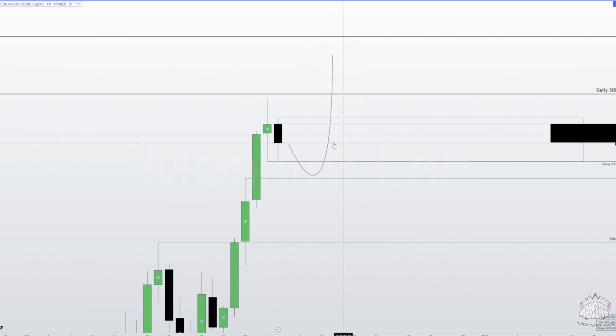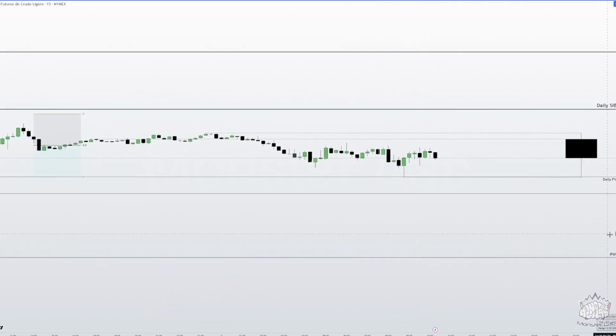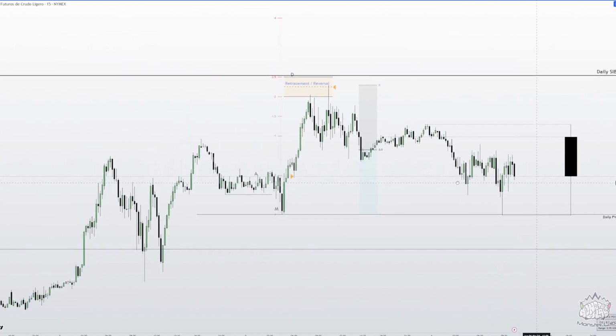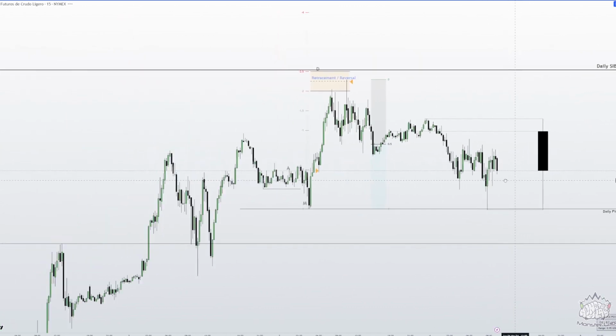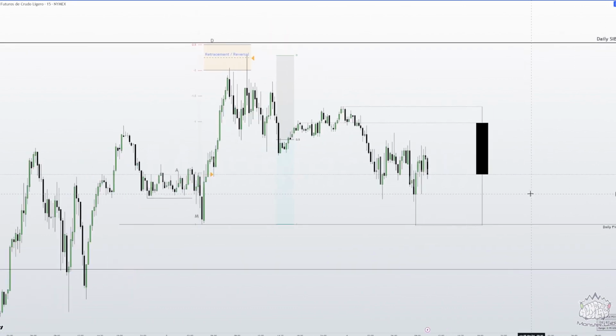But the idea is this: daily fair value gap, move to the daily CB. Okay, this is the sponsorship level. This is one draw on liquidity, the daily CB. So this is the idea, but I don't know if price moves today in this session because it's the day before NFP.